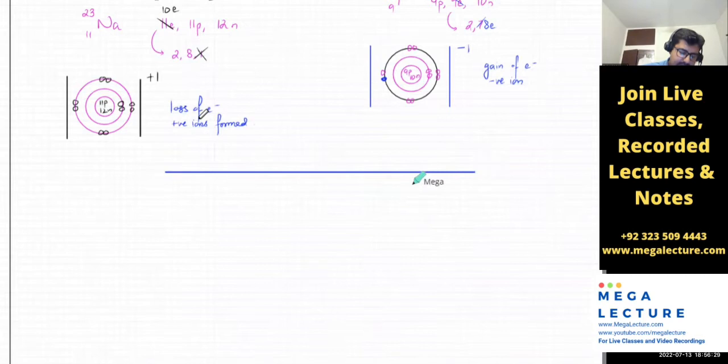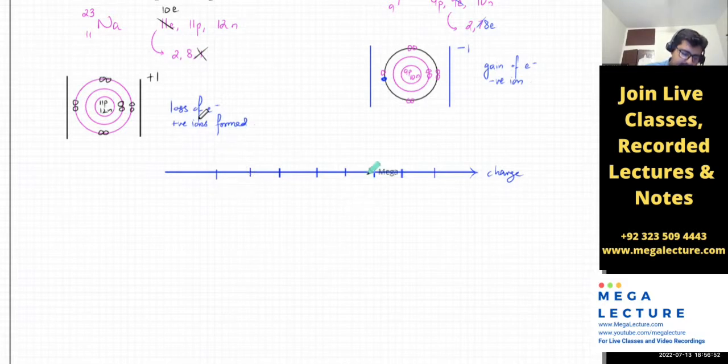This line represents charge, with numbers on it.